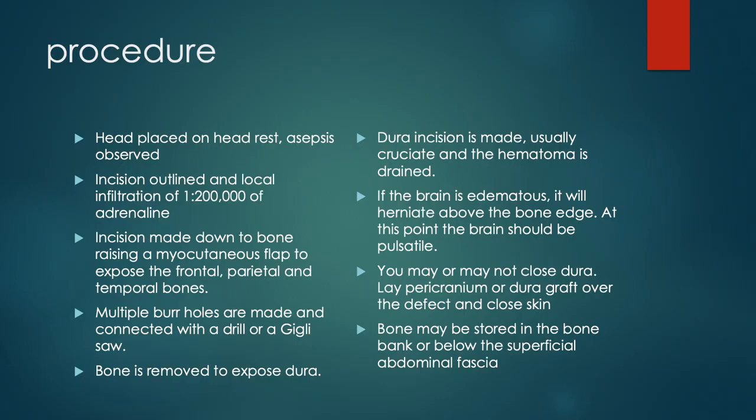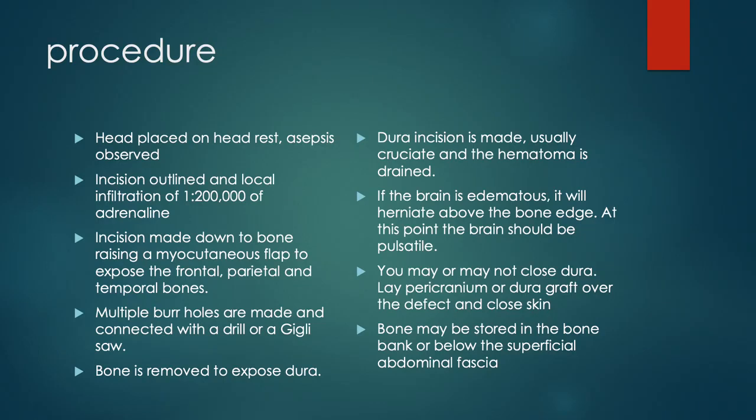So with a brain edematous, we cannot replace the bone, okay, because we want the brain to expand out, we want restoration of blood supply to the brain, and then we want to give it room to restore to its original function.